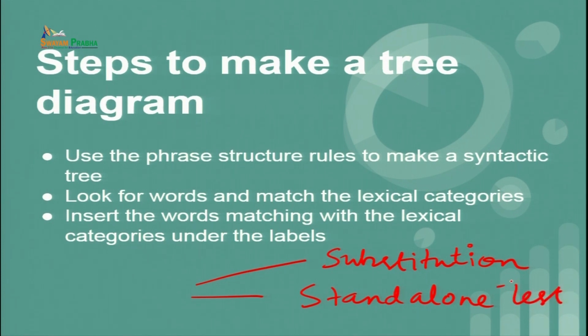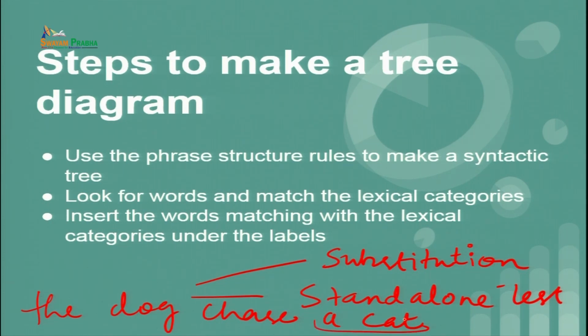In the substitution test, you take a word in a sentence and substitute it with a pronoun. For example, you write, the dog chased a cat, right? Can I replace a cat with a pronoun?